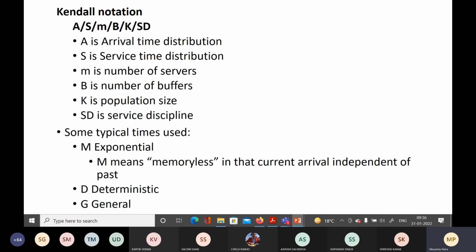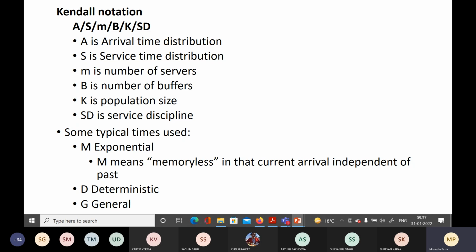B actually will not be the number of buffers. It will be the entire capacity of the system, that means the number of jobs that are waiting in the queue plus the one that is being served. So that will be B.